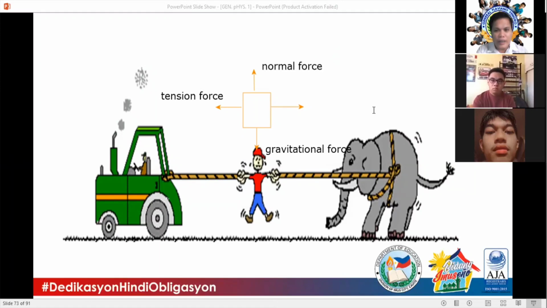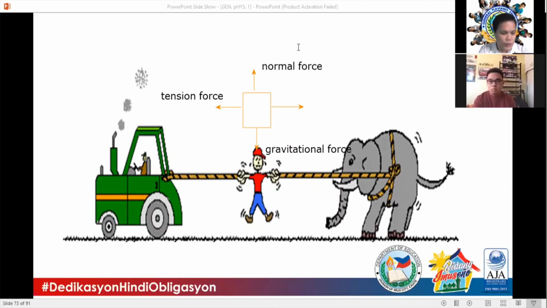Okay? Sige. I would like to ask kung sinong pwedeng gumawa ng free body diagram ni elepante at free body diagram ni truck. O dito si elepante, dito naman si truck. Who will do it? Yes, parang nag-isip si Terence. Sige, ikaw yung sa truck, Terence.